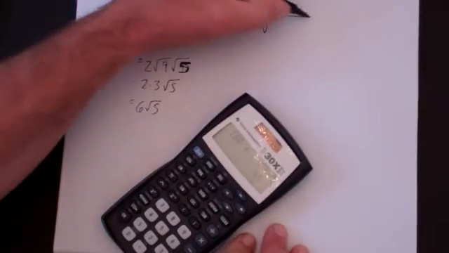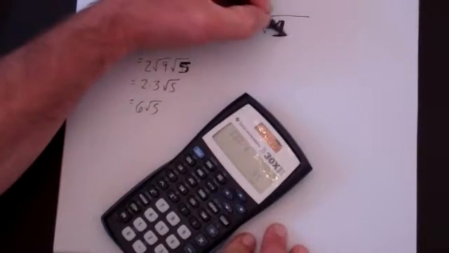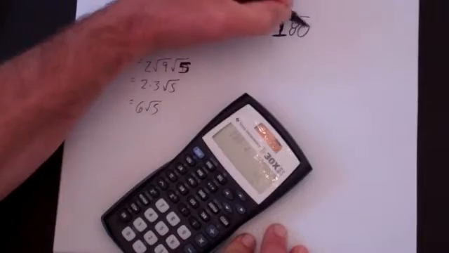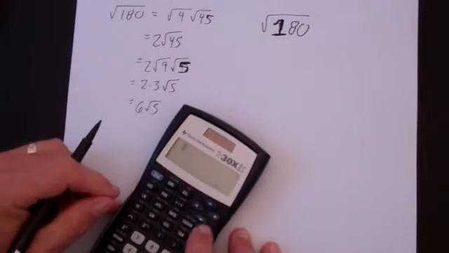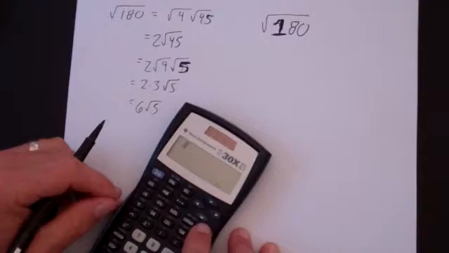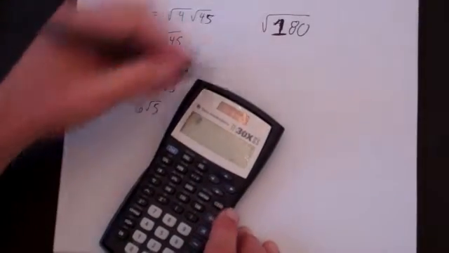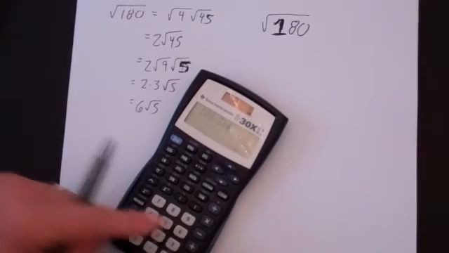It turns out with that one, I could have done it a little bit quicker. If you have square root of 180, I think 36 goes into that. Let me try that. 180 divided by 36.